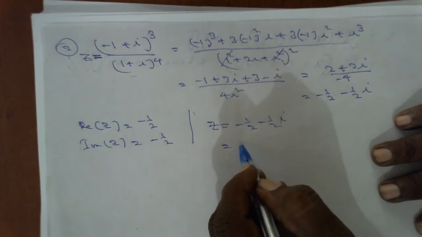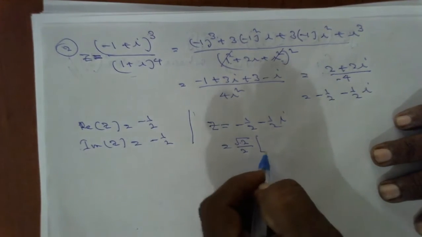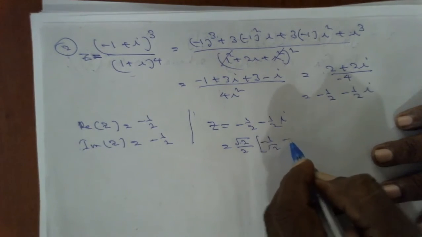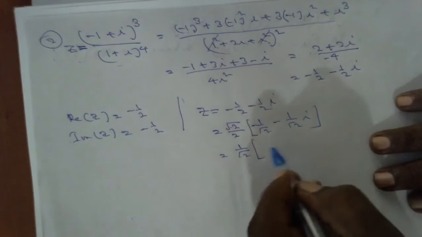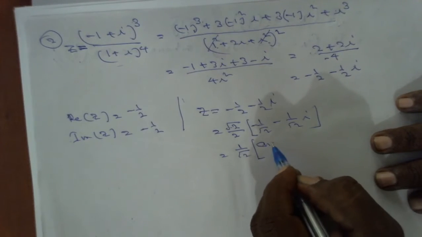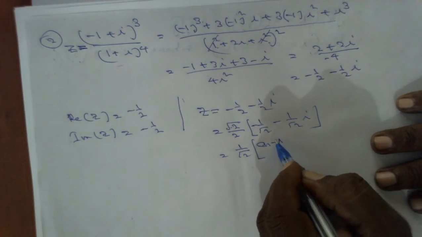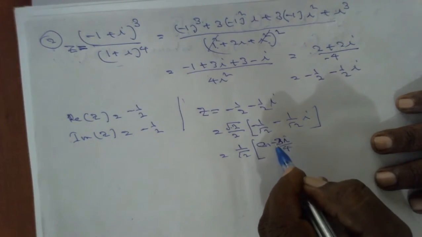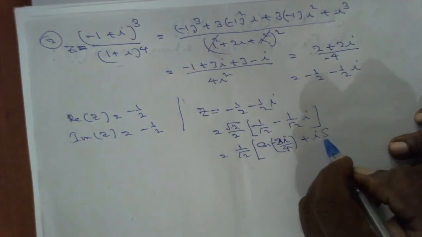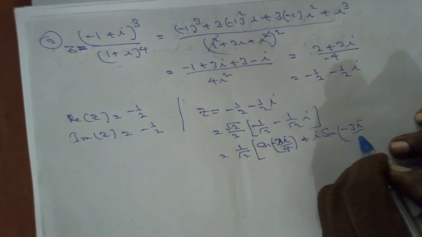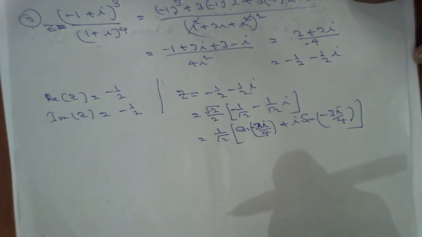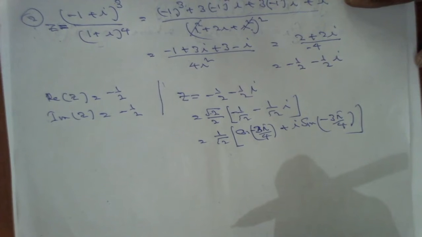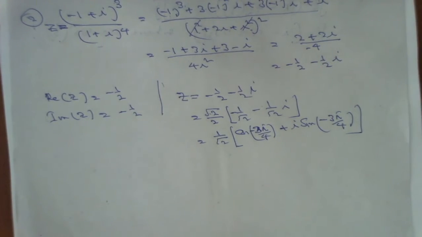So this equals 1 over root 2 minus 1 over root 2 i, which is 1 over root 2 times cos minus 3 pi by 4 plus i sin minus 3 pi by 4.